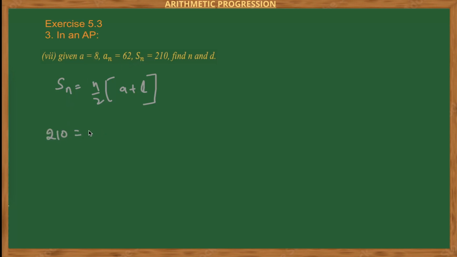So 210 is equal to n by 2, where n is the one which we need to find. A is given as 8, and the last value which we consider in the terms here is 62.